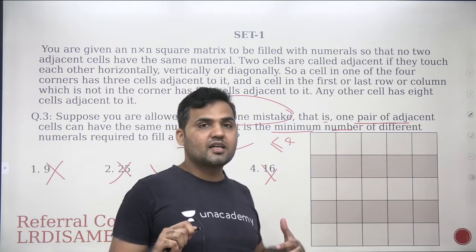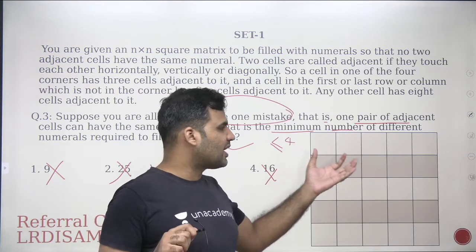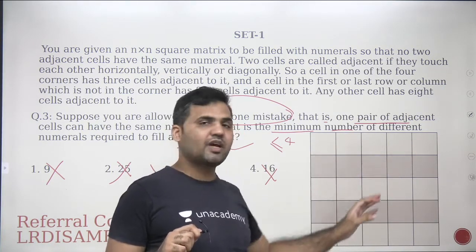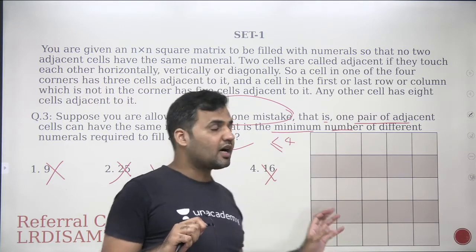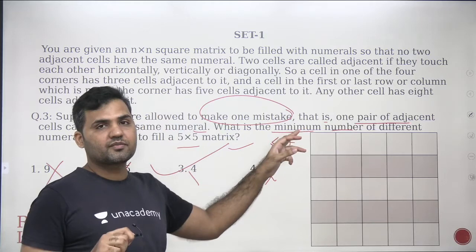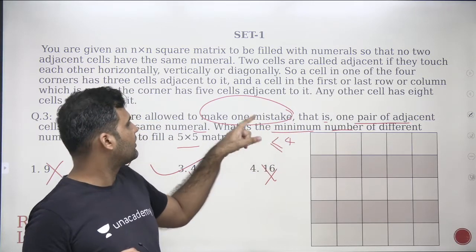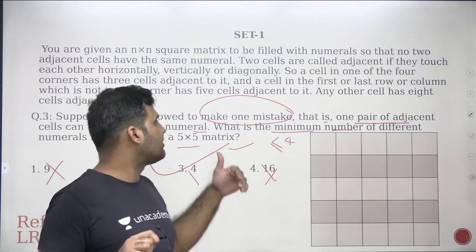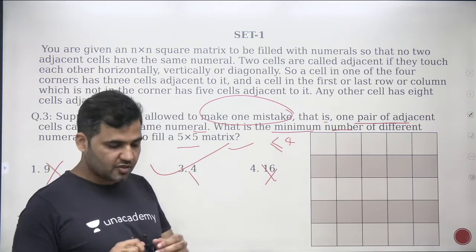Now when the examiner is allowing me one mistake, that means I might require only 3 digits to fill the 5 into 5 square matrix, or 2 or 1, but the answer cannot go more than 4. If mistakes are not allowed, the answer is 4. Now if mistakes are allowed, how can the answer be more than 4? So therefore straight away the answer will be option number 3.